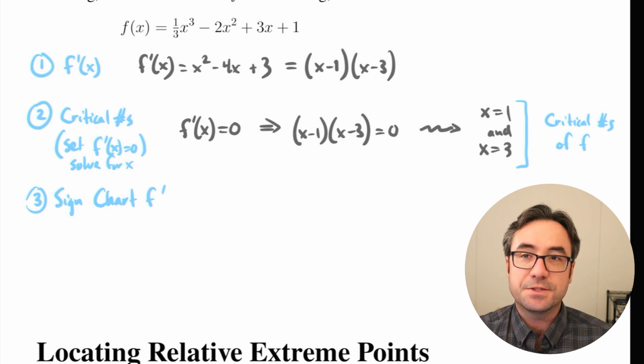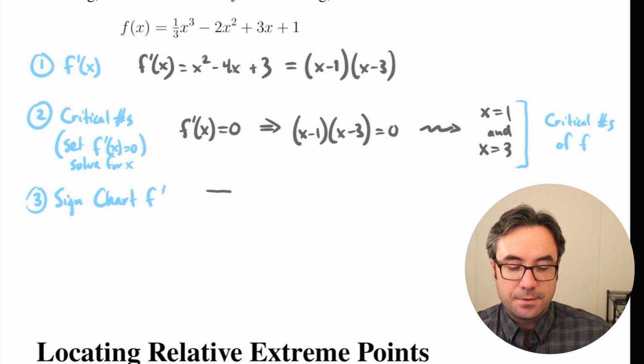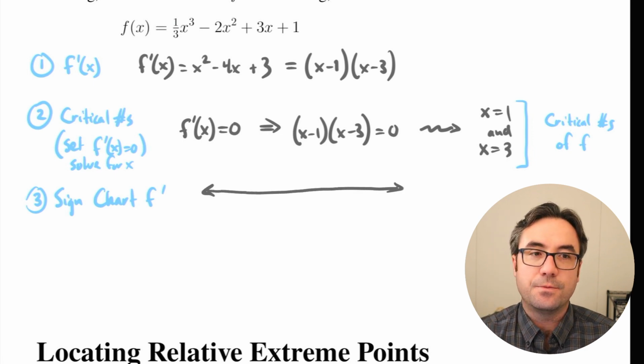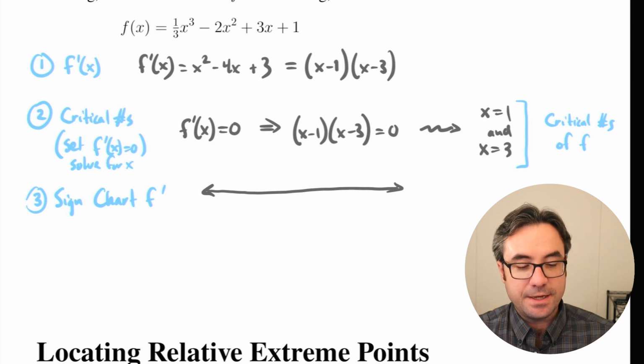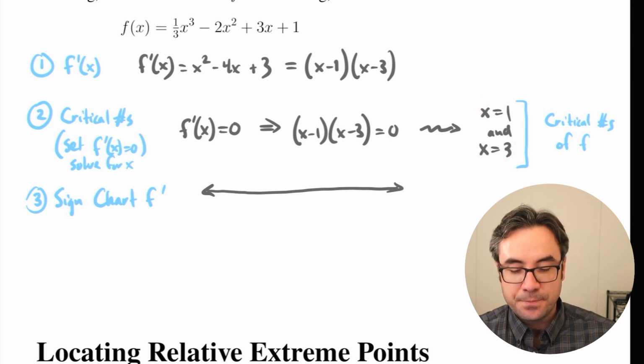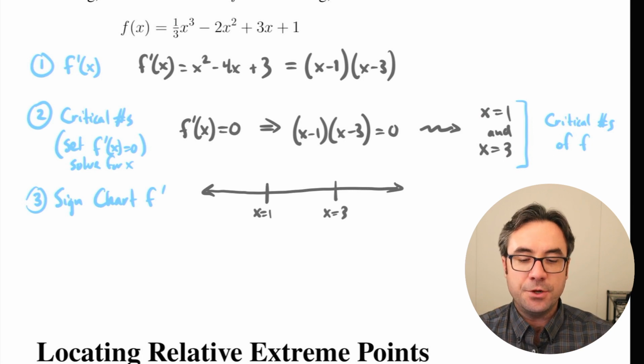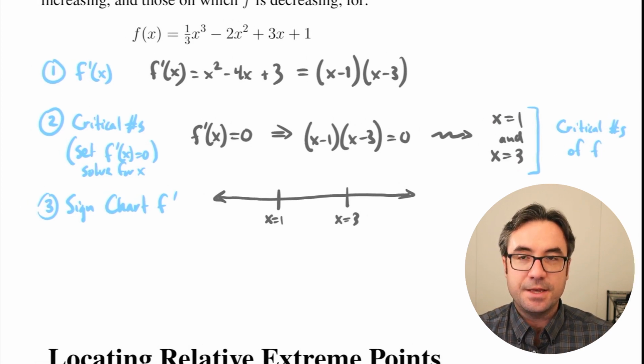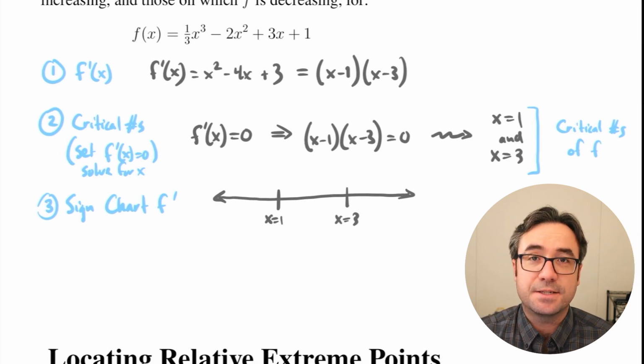When we do this, we're going to draw our number line, and we can think of this as being the x-axis. We're going to take these critical numbers that we found and plot them on our number line. So x equals 1, x equals 3. And what they do in this case is they split up the x-axis into 3 separate intervals.